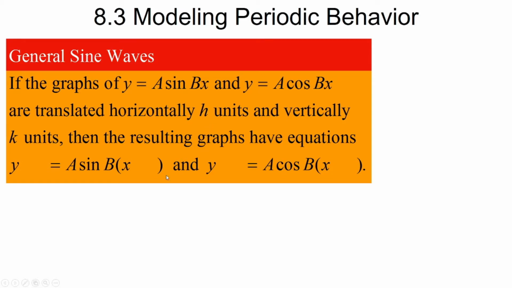Y equals, now I don't know why, maybe it's right-handed or what, but I always visualize my horizontal translation first. So if I translated h units to the right, then this x becomes x minus h. And if I translated k units up, then this y becomes y minus k.